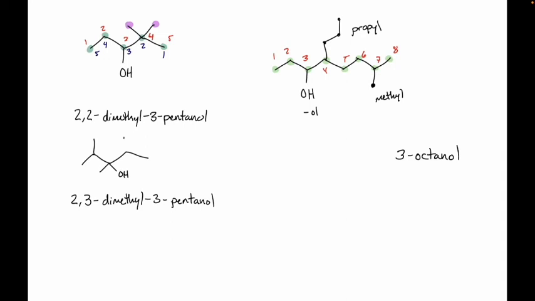So I have a methyl group and a propyl group. When I assemble my name, I'm going to put them in alphabetical order, which means L, M, N, O, P. The M comes first. So this would be 7-methyl-4-propyl-3-octanol.